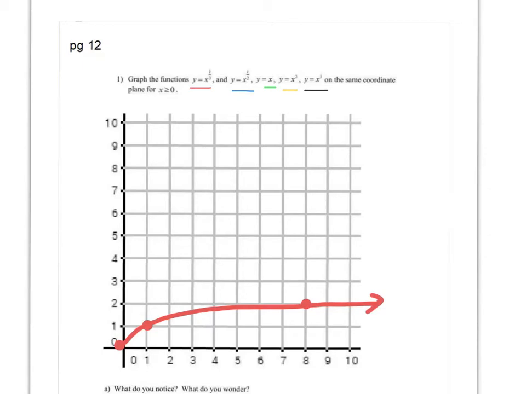Then we've got x to the 1/2, which is the square root of x. That also is at 0, 0, 1, 1. The square root of 4 is 2. The square root of 9 is 3. Let me do that a little thinner so you can actually see what I'm drawing.